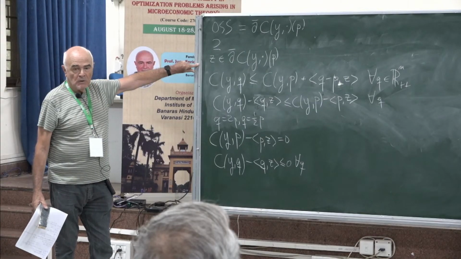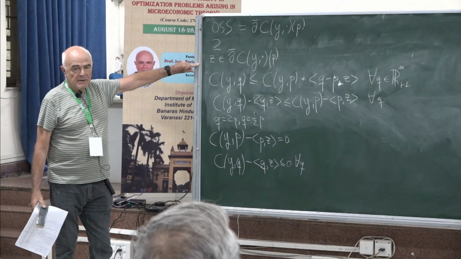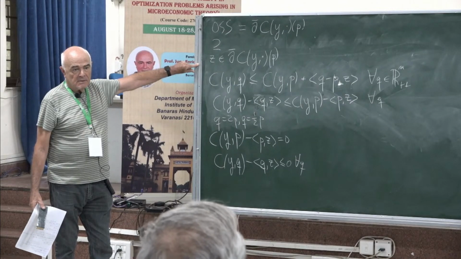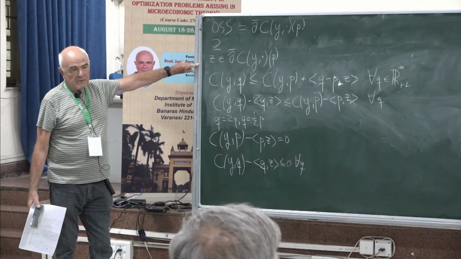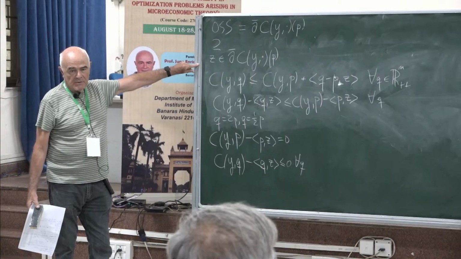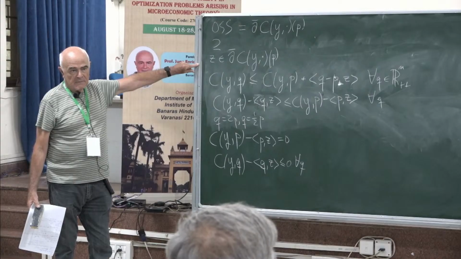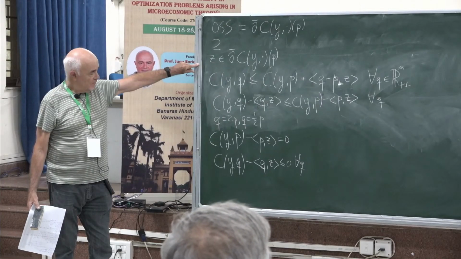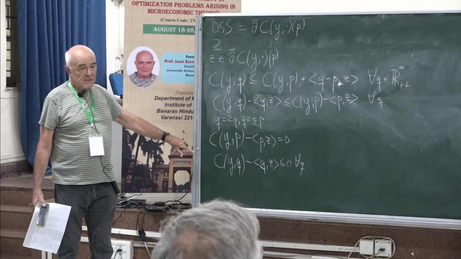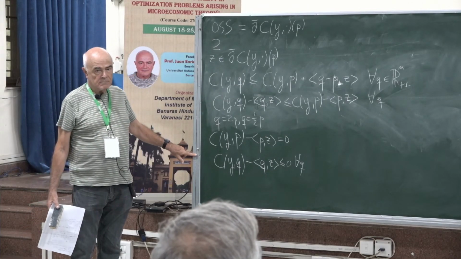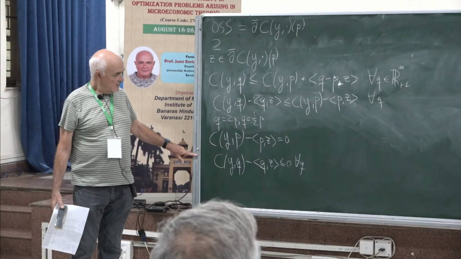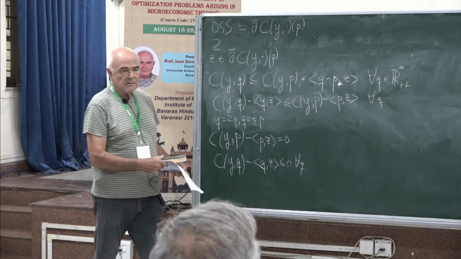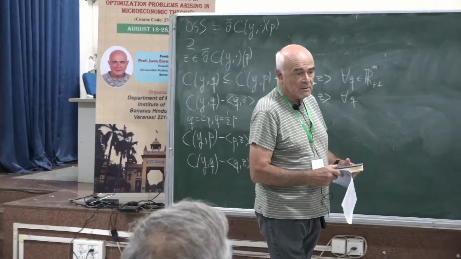But first of all, it should be an input vector. So it should be non-negative. Is it non-negative? Yes, because of this condition. Okay, again, is this clear? If not, I repeat the argument.